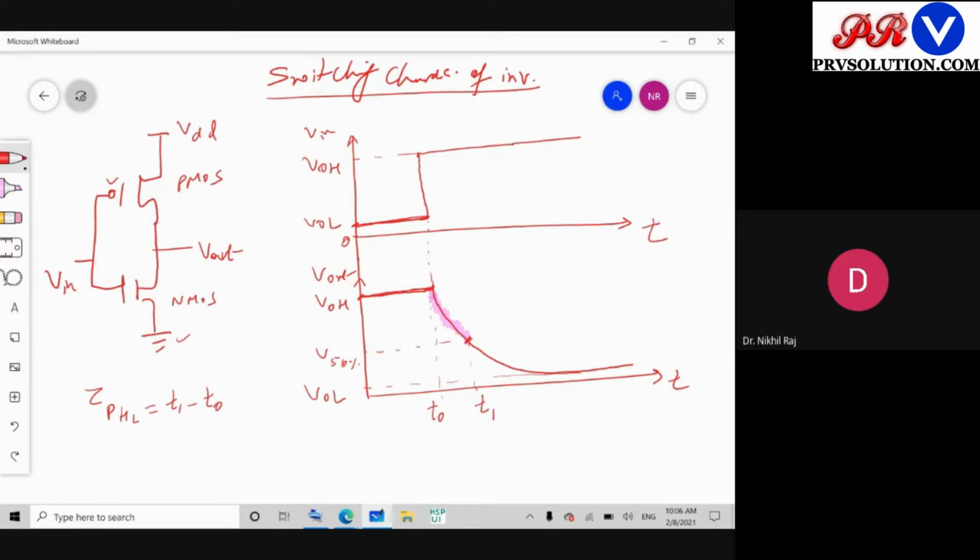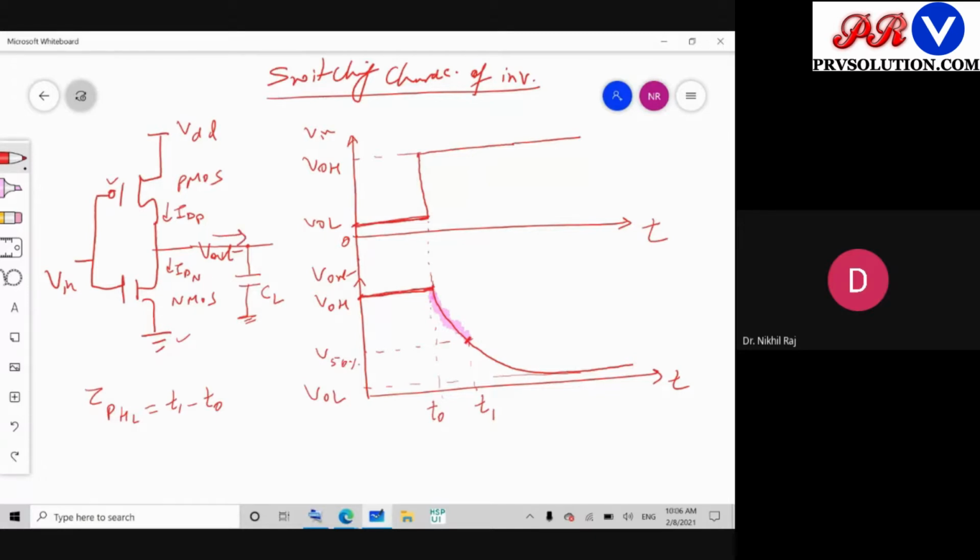Fine. Now coming to the schematic part, if you see, this is your ID of P, the drain current of PMOS, and this is the drain current of NMOS. Now whenever charging and discharging takes place, it takes place with respect to some capacitive load. So further, if I here add, this is your output, so from output there will be some load attached, let's say CL is there. So what amount of current will flow in this direction?